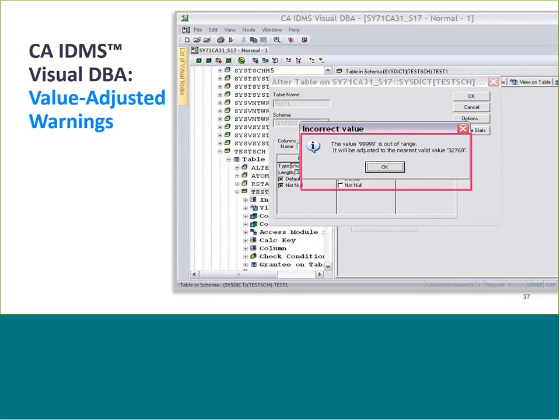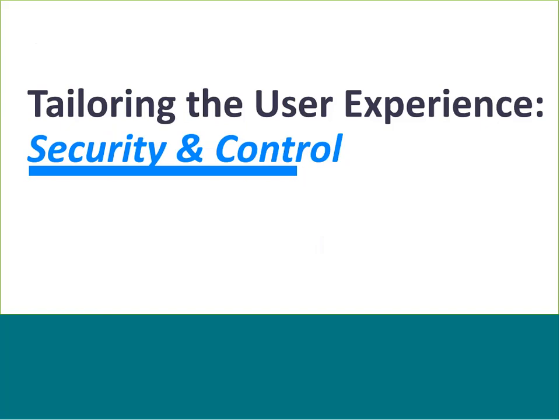And so it's going to automatically adjust it to the nearest value that's valid within the valid range, which in this case is 32K, basically 32760. You would simply hit OK to accept that and move forward. So again, a great way to know that you don't have to know the syntax to be able to use Visual DBA really effectively.